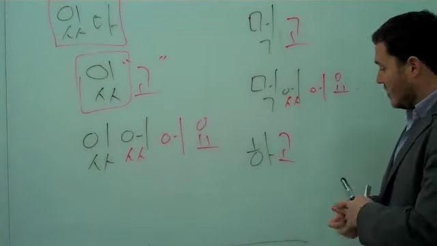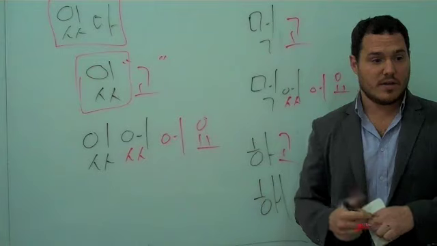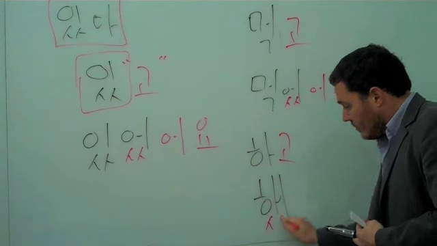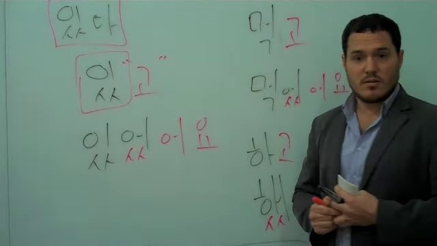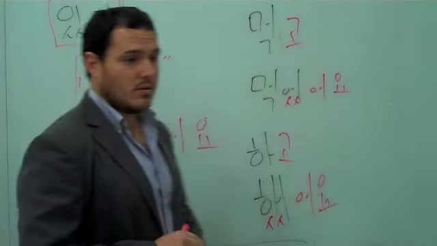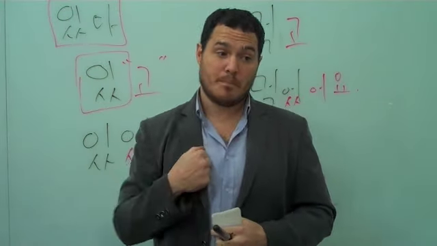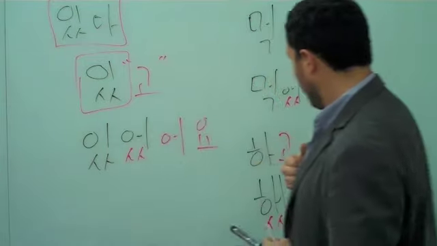Okay? The changed form of ha is 해, and we'll study this in detail next time. So 해서요 is 했어요. Did. 했어요. So it was hago, wa. Wa is the casual form of come. To come. Okay? So 했어요.